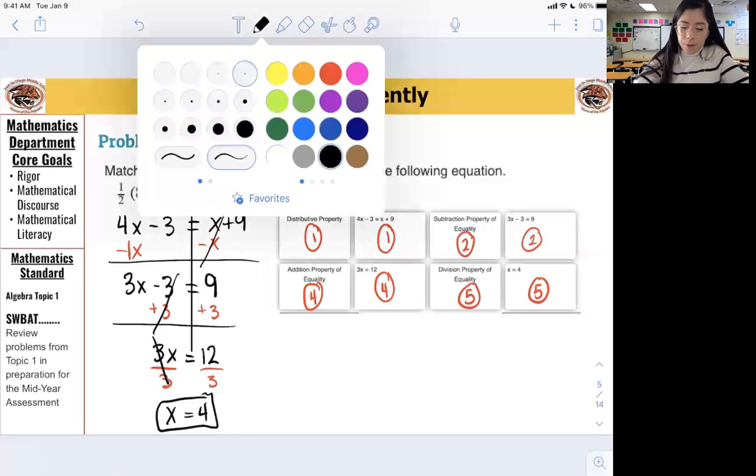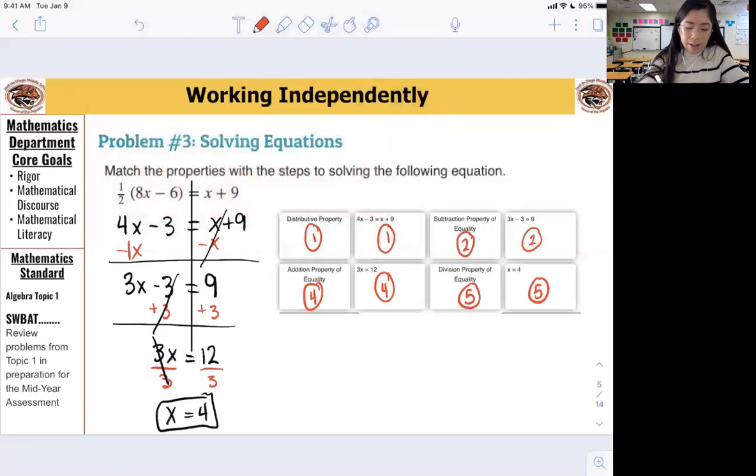Now, here's one question. How exactly did they get 4x minus 3? Can anybody explain that? Multiplication. And what are they multiplying? 1/2 times 8/1. 8 times 1 is 8. 2 times 1 is 2. And what's 8 divided by 2?